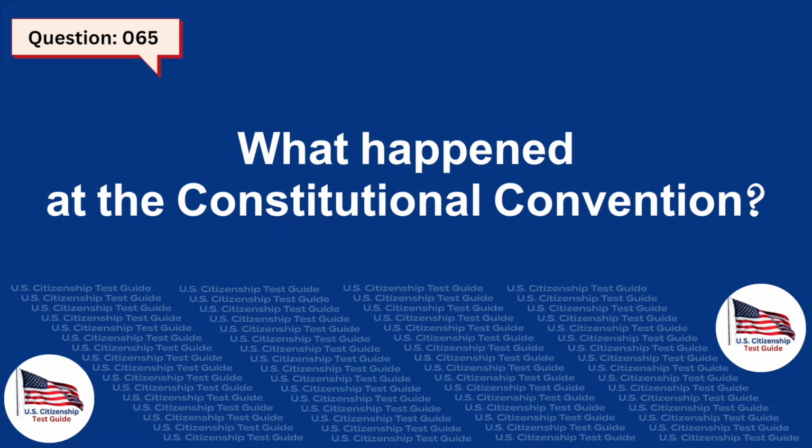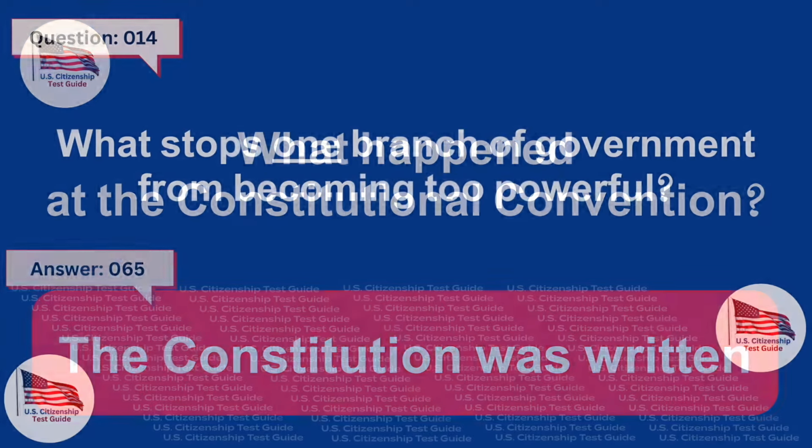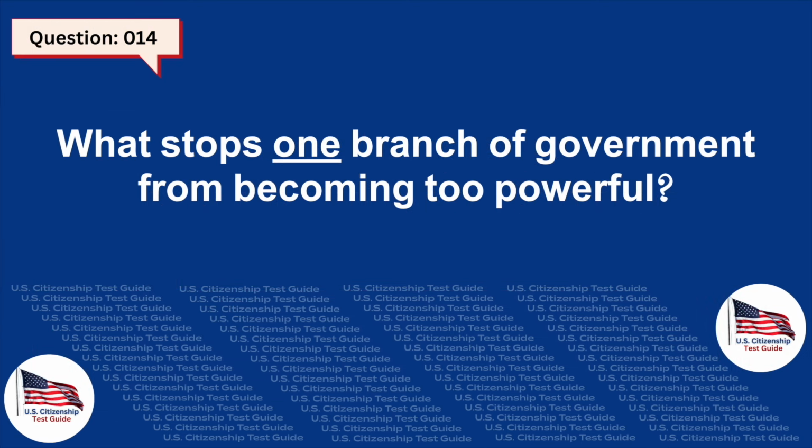What happened at the Constitutional Convention? The Constitution was written. What stops one branch of government from becoming too powerful?